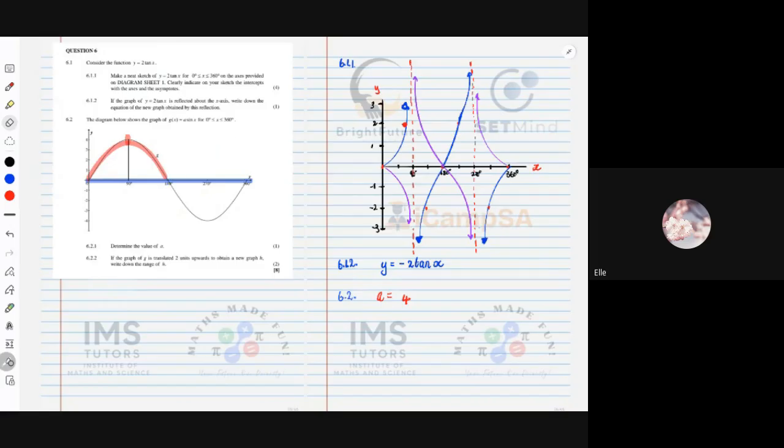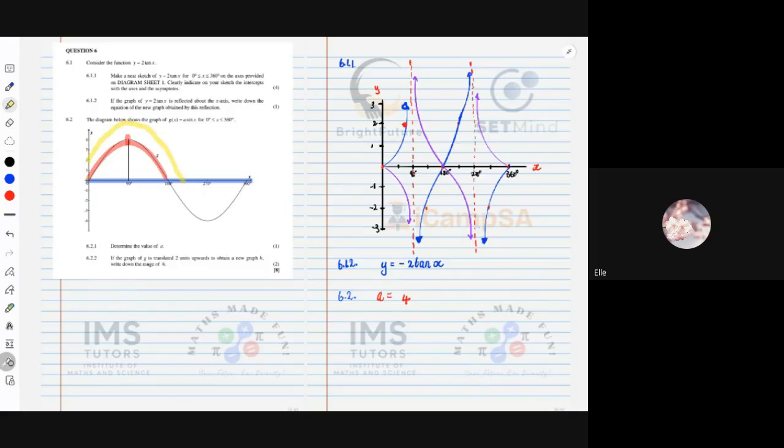So if the graph of g is translated 2 units upwards to obtain a new graph of h, write down the range of h. So we are essentially shifting this graph of g 2 units upwards. So it's 1, 2. Our new graph is going to be starting from 1, 2.